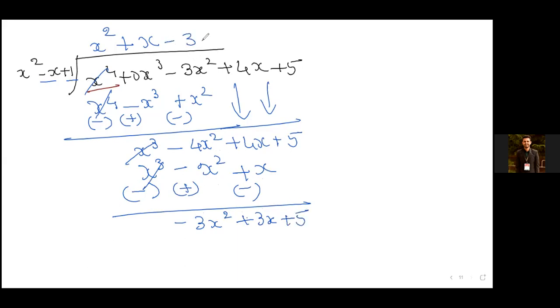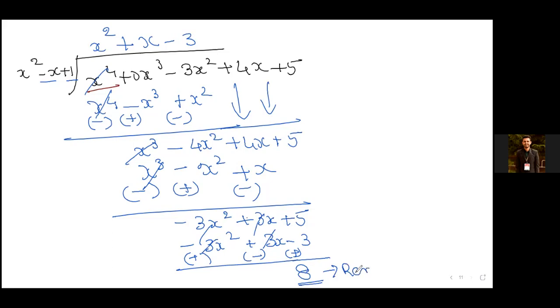Again, we multiply with minus 3, we get minus 3x square plus 3x minus 3. Reversing the signs, this gets cancelled, and here we obtain 8.